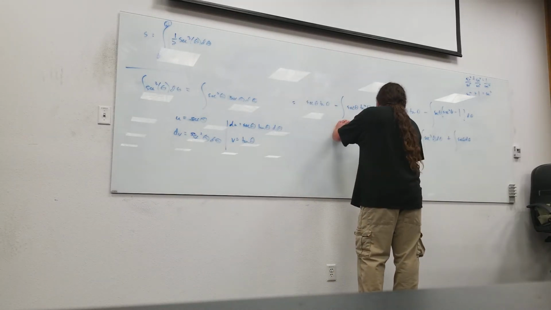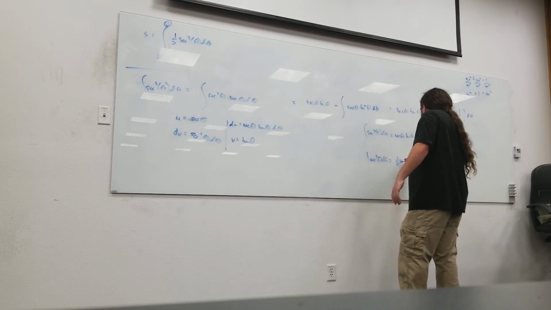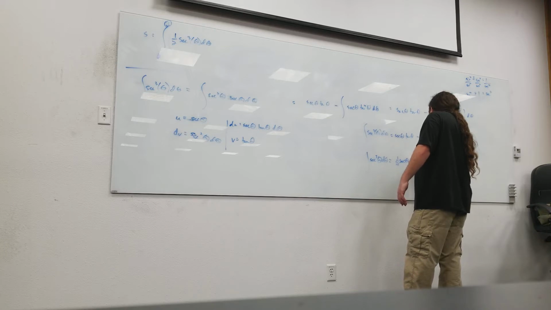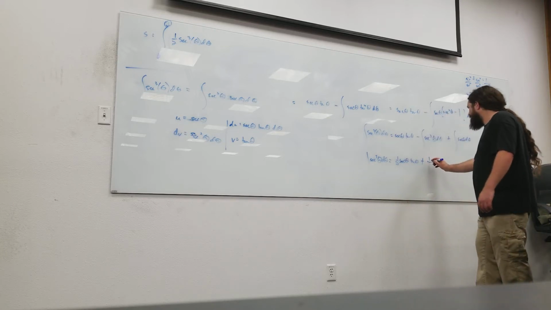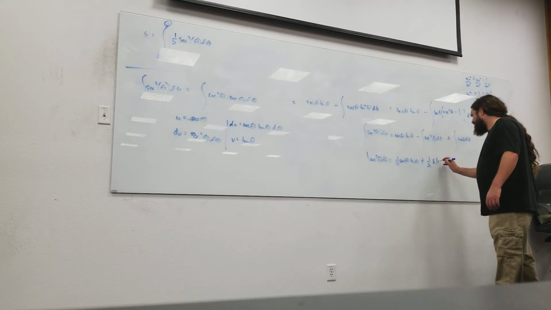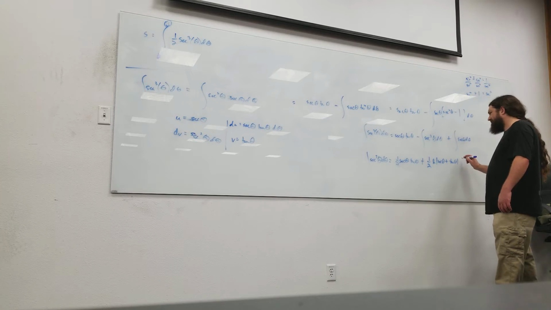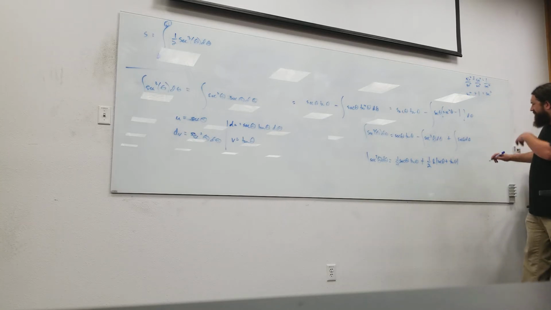Yeah. So what you're going to get is the integral of secant cubed of theta d theta is a half of secant theta tangent theta and a half of, what's the integral of secant? Natural log of secant theta plus tangent theta. Okay, so that's what we're dealing with.